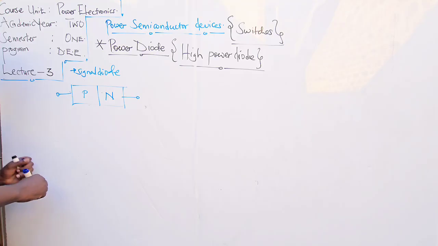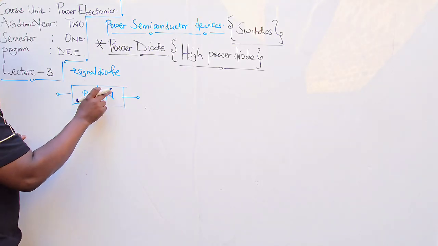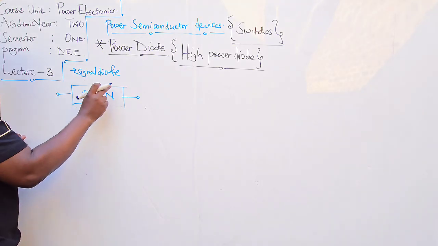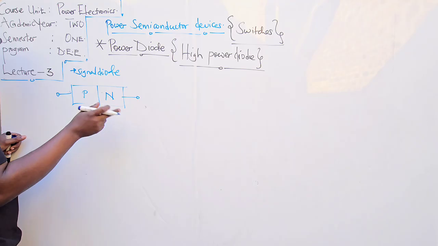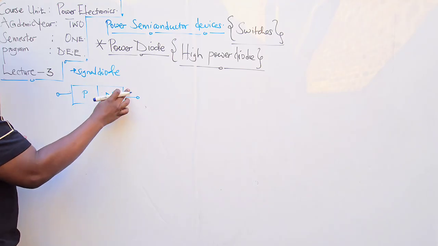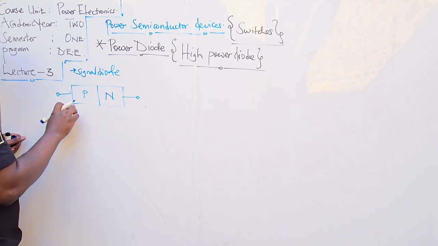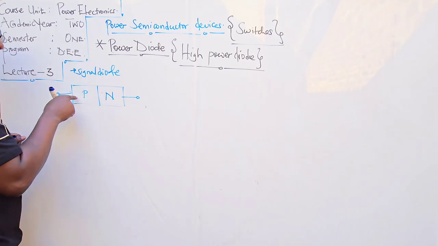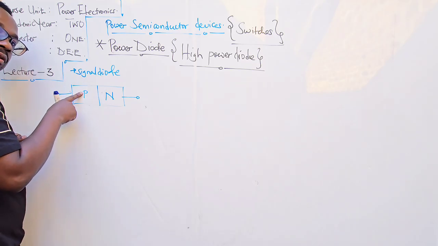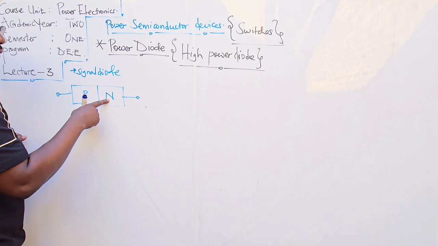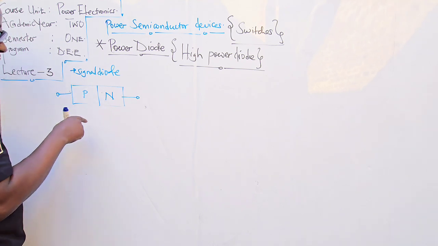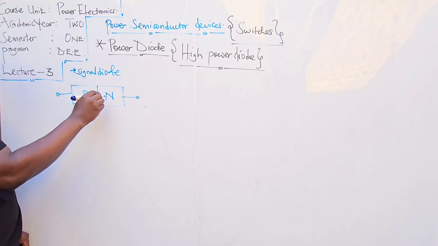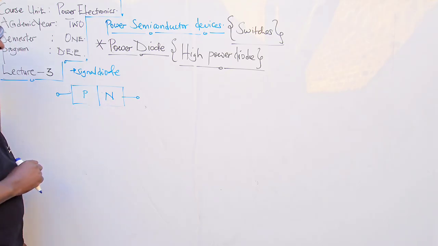Then the N region. This is a substrate made of a certain semiconductor material from the periodic table, and another one. This region is heavily doped with holes, or positive charge carriers. This region is heavily doped with negative charge carriers, those are electrons. So that's the general construction.